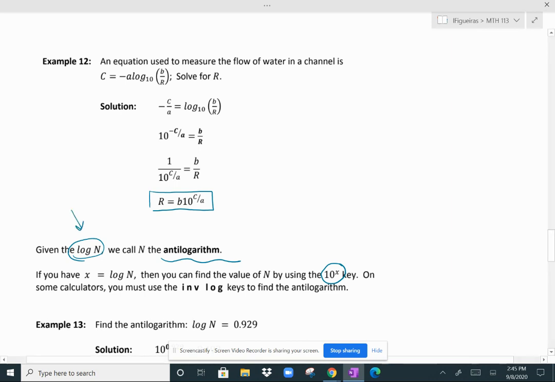So if you have that x is equal to the log of n and you need to solve for n, you're basically going to say n equals 10 to whatever x is. In other calculators, they might call this your inverse log key. So you might see INV log. Sometimes it's in the same position as your log key.